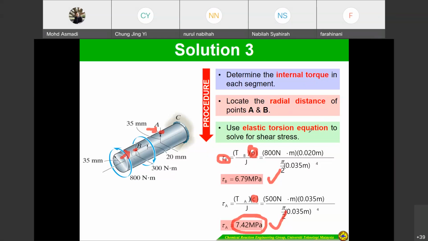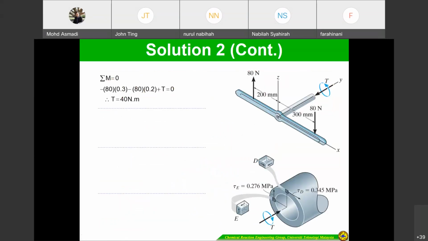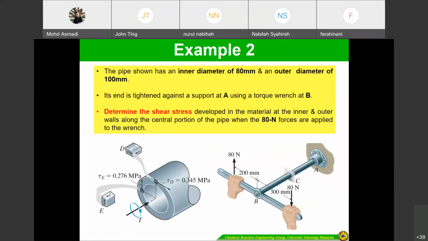Doctor, just now in example 2, for the moment, why is the T positive?